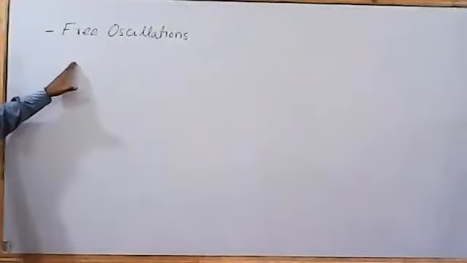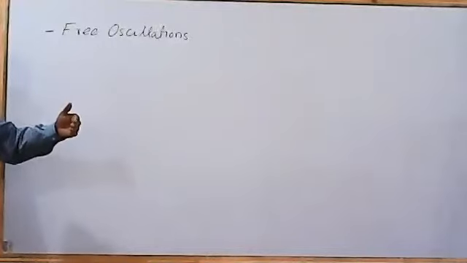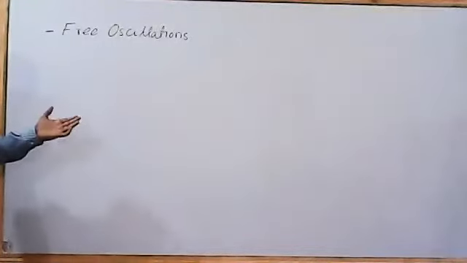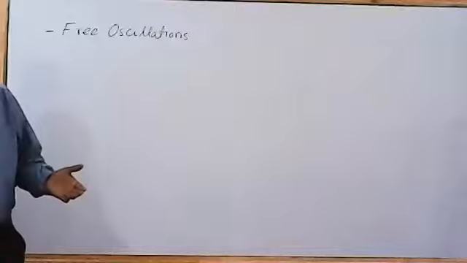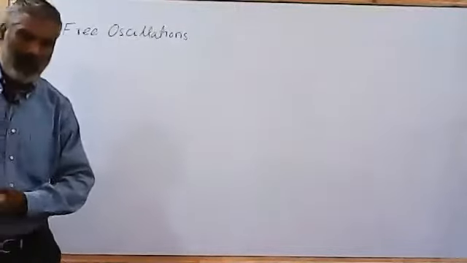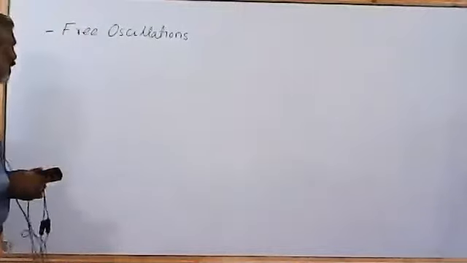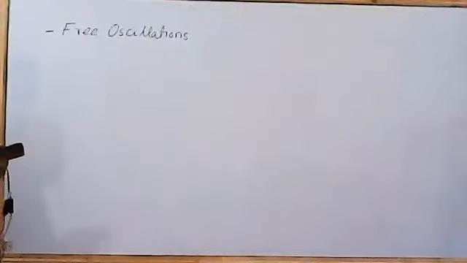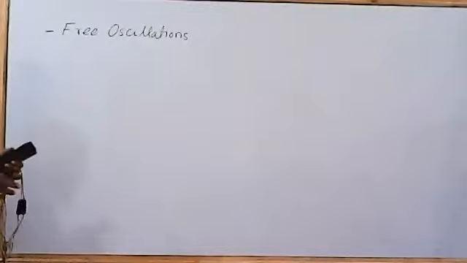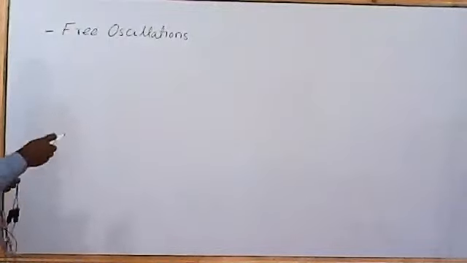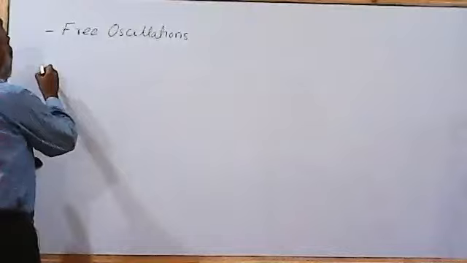Once set into motion, the object is allowed to oscillate on its own, and there are no opposing forces or forces applied in the direction of increasing amplitude. There are no such forces. So such oscillations which are free without any forces present are known as free oscillations.